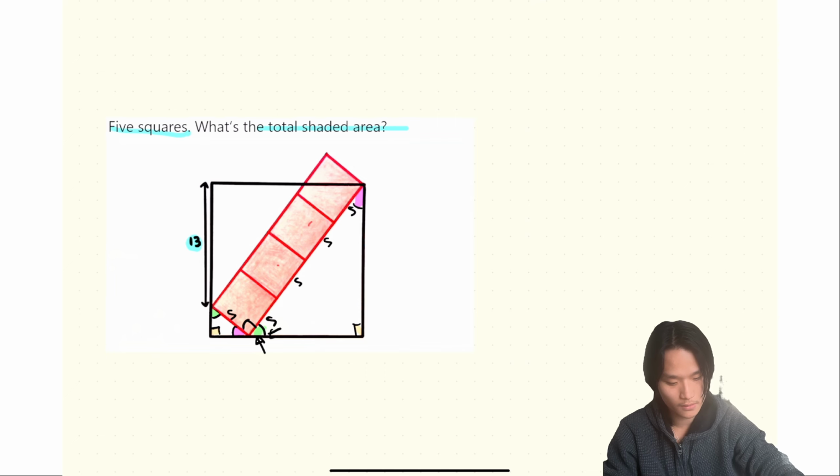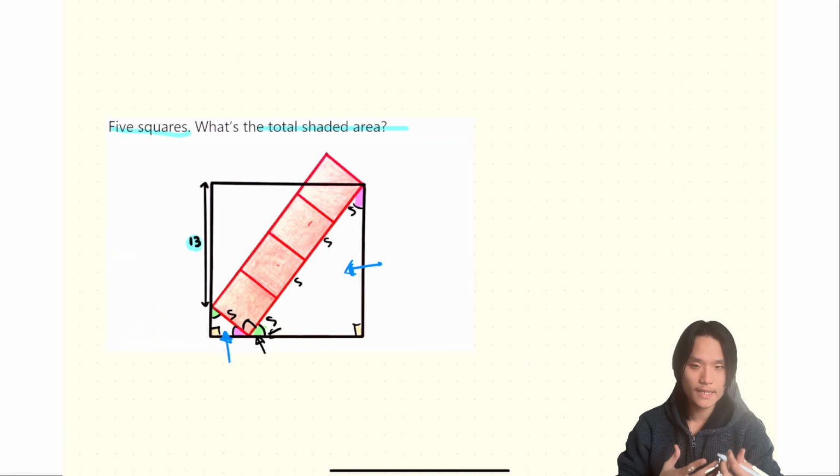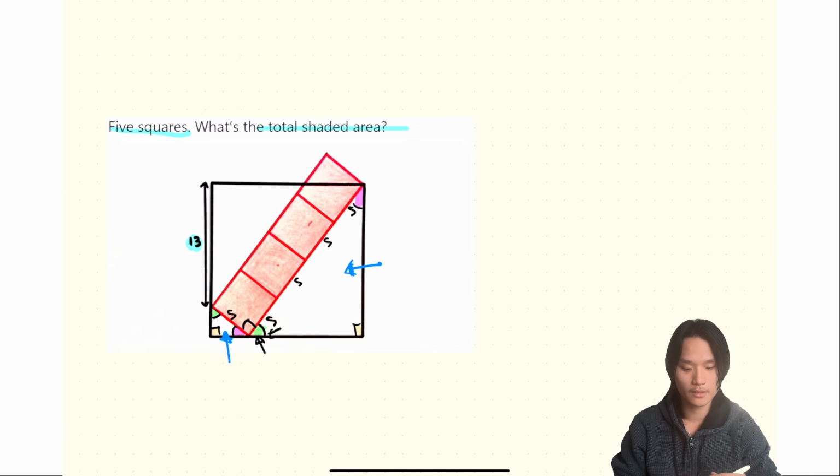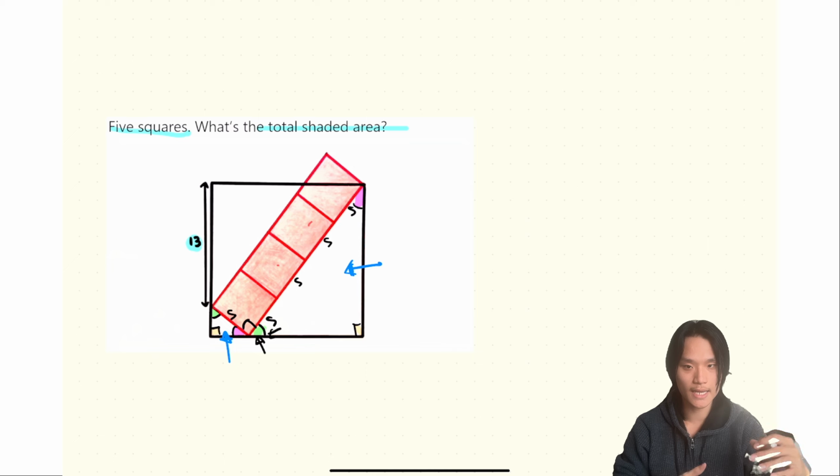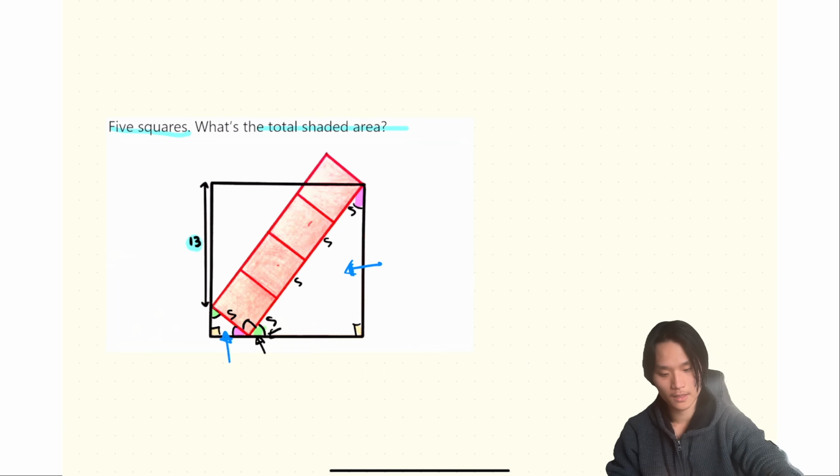Why are they similar? Because if you have the smaller triangle and you stretch it out, you enlarge the size, you're gonna get the bigger triangle. The proportions and the ratios of their size stay the same, and that's the idea we'll use.